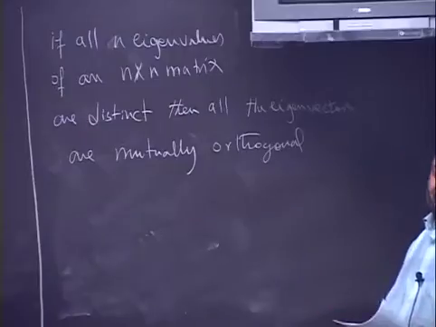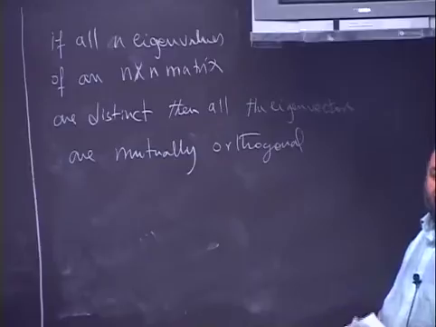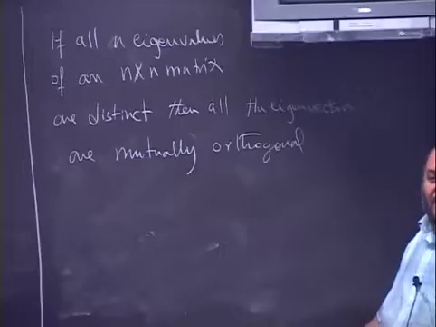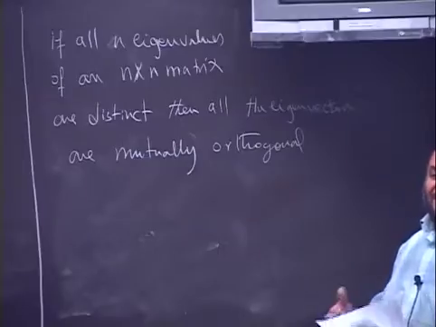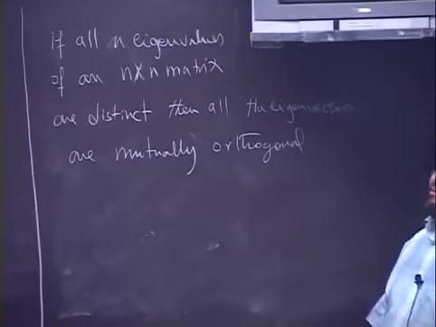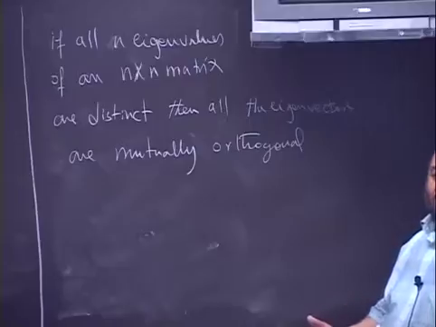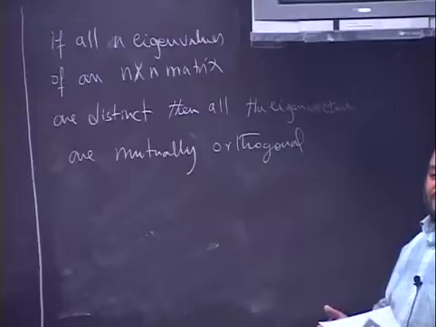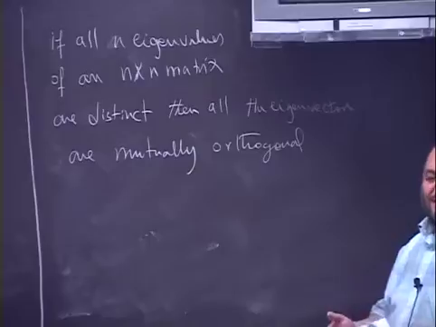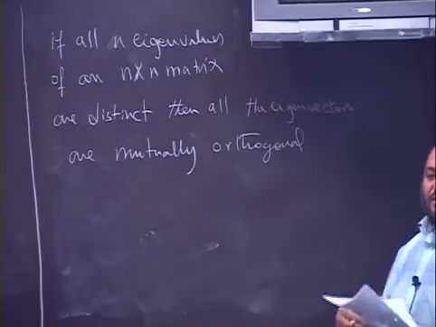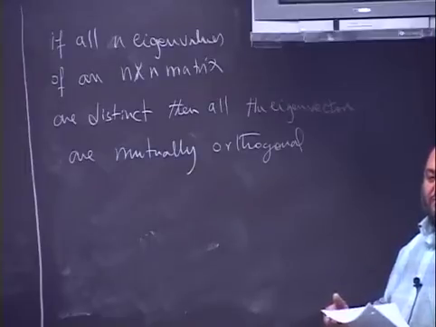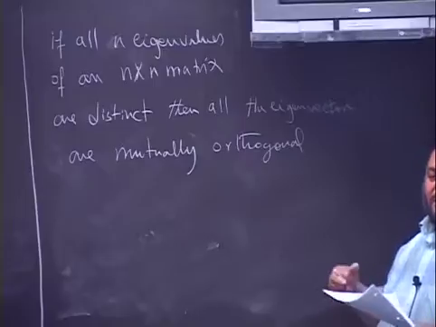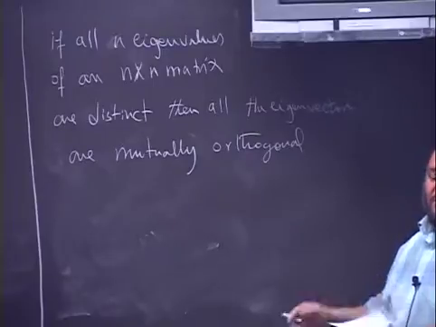So this is a very important property of normal matrices. And of course, normal matrices means Hermitian, anti-Hermitian, and unitary, and also skew-symmetric, symmetric, and orthogonal. So if you find matrices that are normal, one of the very important properties is that if all the n eigenvalues are distinct, then the corresponding eigenvectors represent mutually orthogonal vectors.